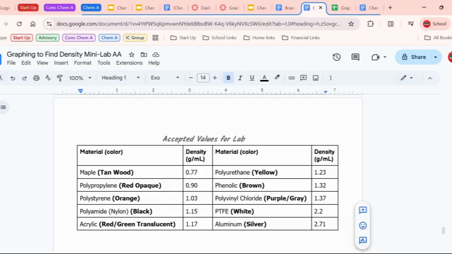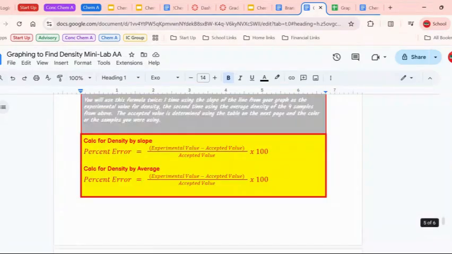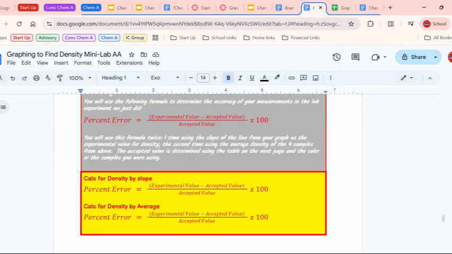Now you do have one more thing to do, and that is this calculation right here to say how well you did your lab. To do this, ladies and gentlemen, you are going to actually click into these formulas and take out these words and replace them with numbers, and then tell me equals a certain percentage.